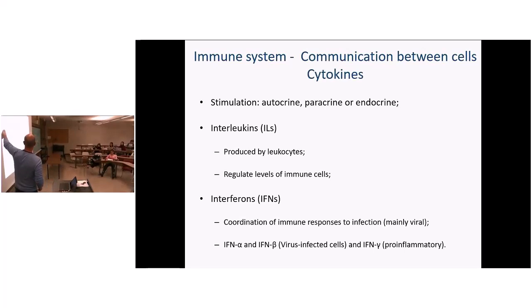Interleukins, very, very common. Several types of interleukins exist. Most notably, you talk about pro-inflammatory interleukins or pro-inflammatory cytokines. So, you remember that T regulatory cells also might produce cytokines that are anti-inflammatory. So you try to do this in different ways.